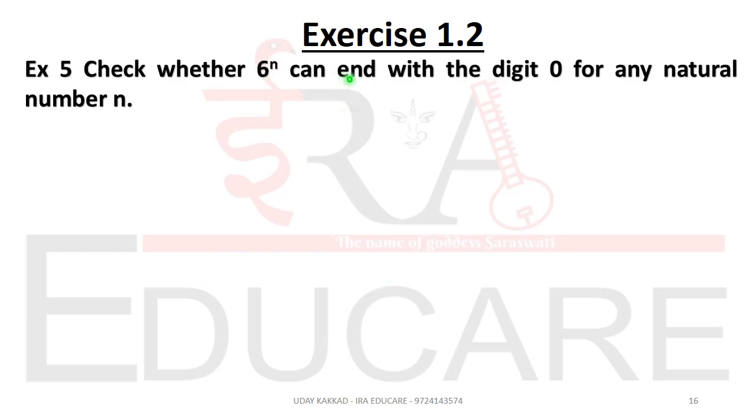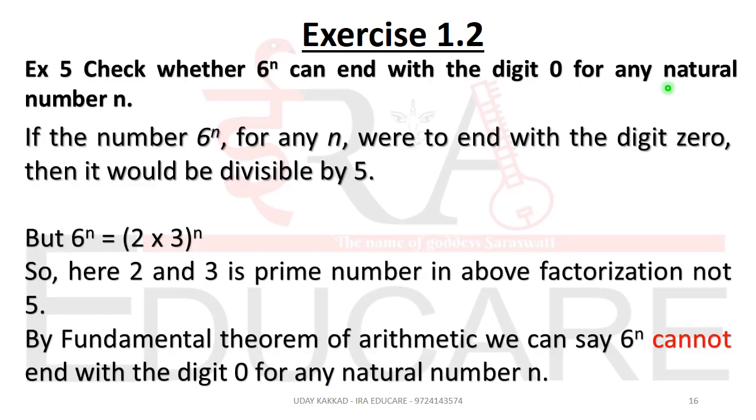Check whether 6 raised to n can end with the digit 0 for any natural number n. It looks like example number 5 which you learned in slide number 6, right? If you learned that properly, then you conclude that if any number ends with the digit 0, then it must be divisible by 5.